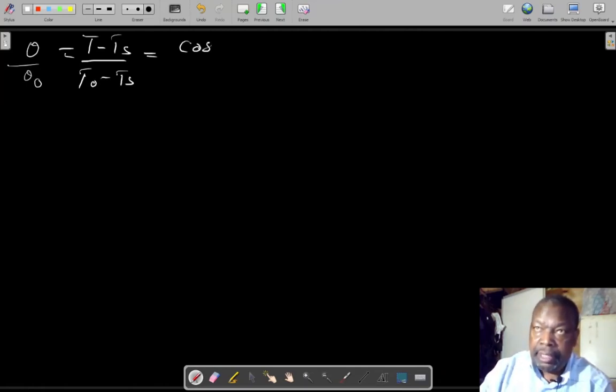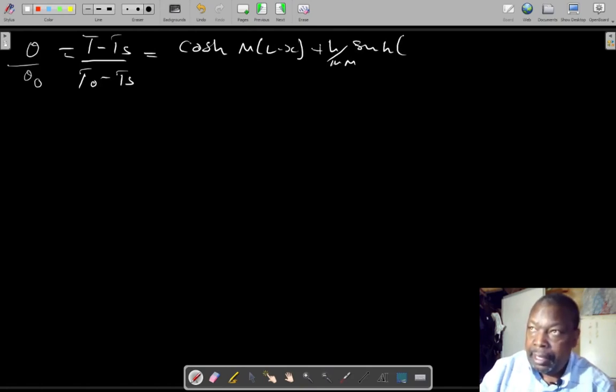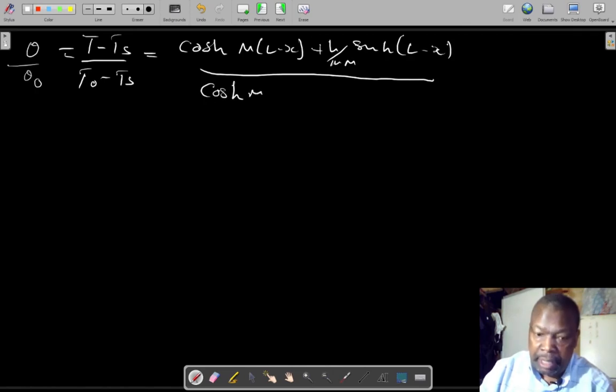So we have that as cosh of ml minus x plus h over km sinh of L minus x, divided by cosh ml plus h over km sinh ml.